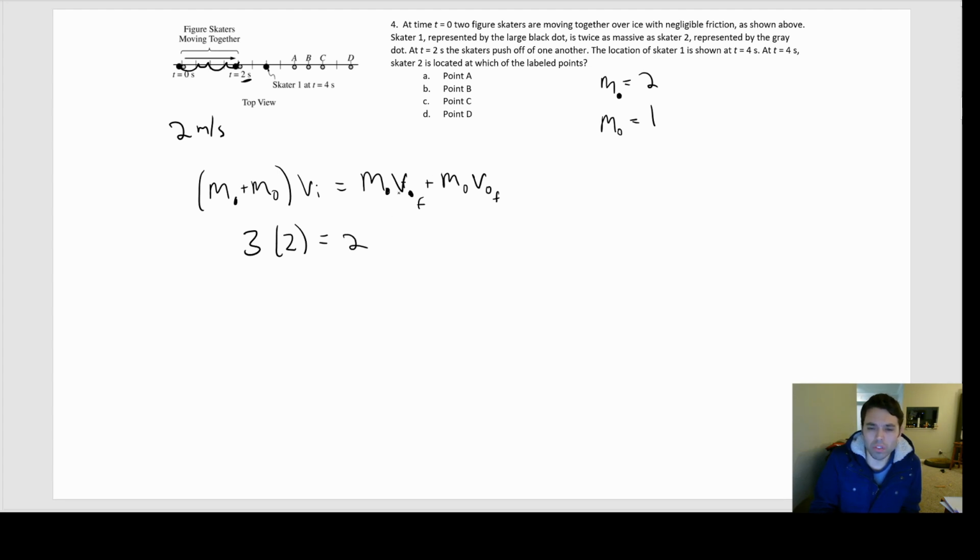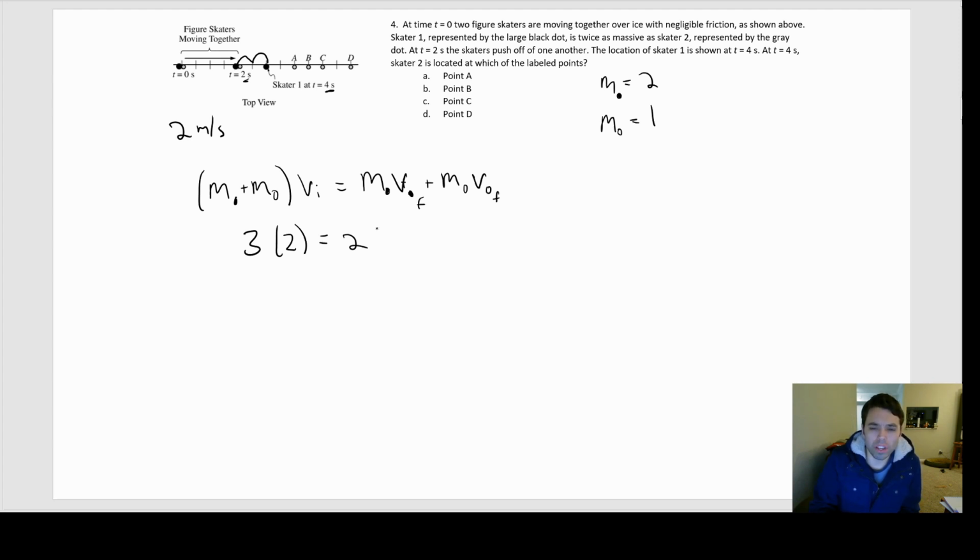And now we run into this: what's the velocity of the black dot after the collision? Well, again, guys, check it out. We know these are all evenly spaced, right? How far does this black dot go? From here to here, it's going to go 2 meters, right? How long does it take? 2 seconds here to 4 seconds. So it goes 2 meters in 2 seconds.